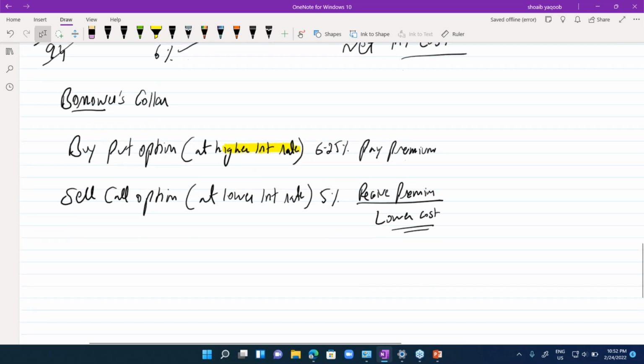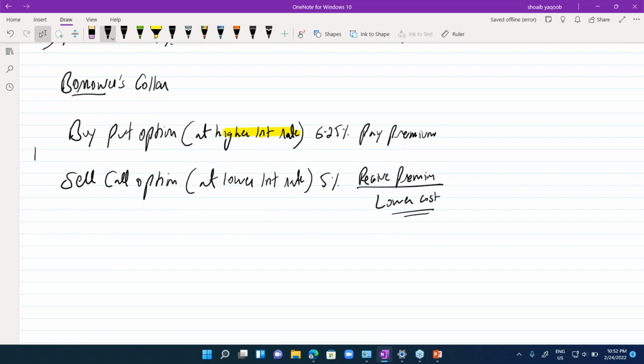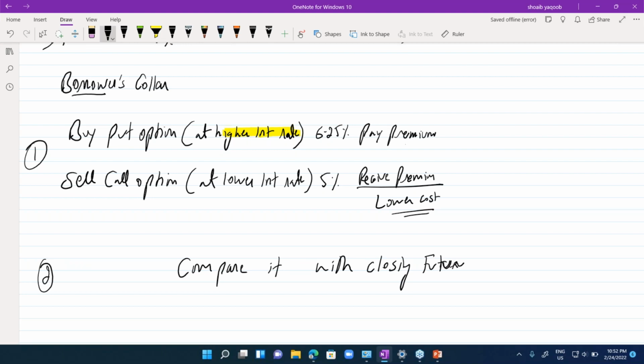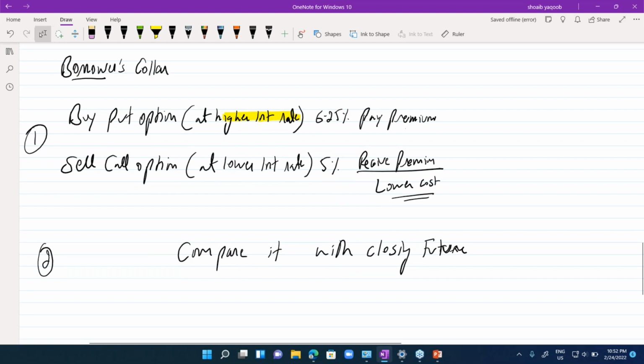So now, this is the first step. Second step, compare it with closing future. Let's suppose closing future is 6.74%, right?